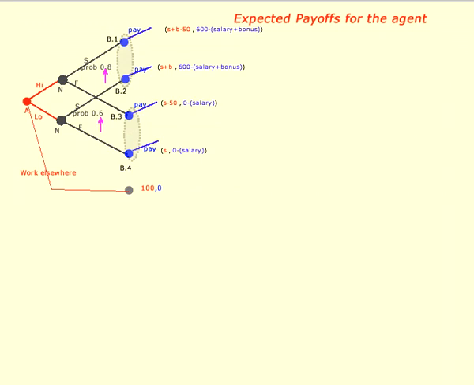The basic idea is the agent is the one who can put in higher, low, or variable effort choices, and the principal is the one who makes the payment to the agent, designs a contract, pays them compensation, but can't observe what the effort levels are for the agent.